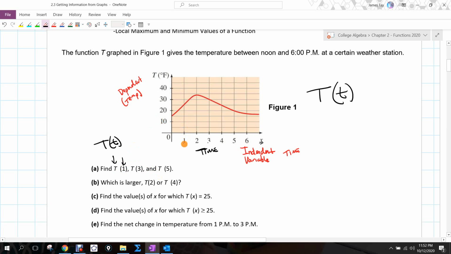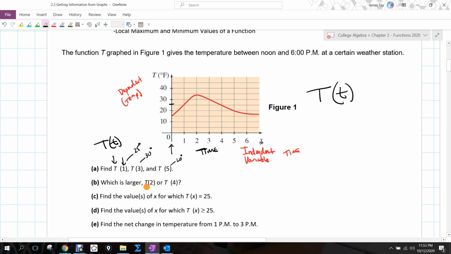Time 1, come up here, temperature right there, 25. So T of 1 is 25 degrees. Temperature at time 3: come over to 3, go up, see where it intersects my graph, going over 30 degrees. So T of 3 is 30 degrees. This is noon, 1 p.m., 2 p.m., 3 p.m., 4 p.m., 5 p.m., 6 p.m. Temperature at time 5, up here, crosses over 20 degrees.